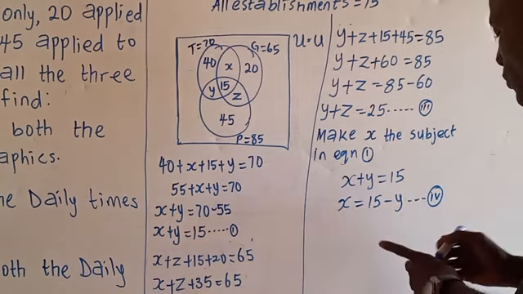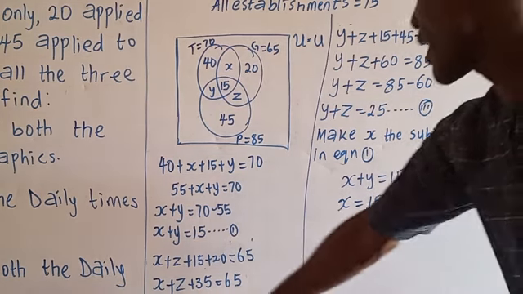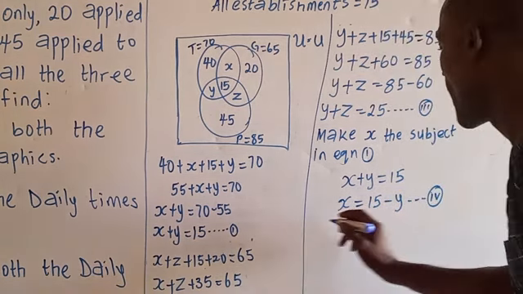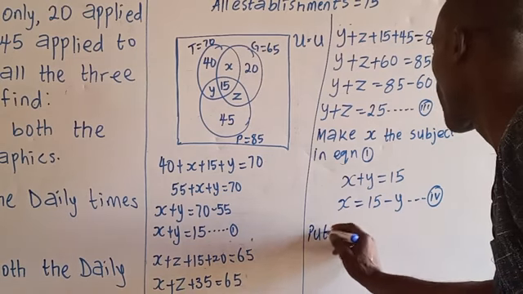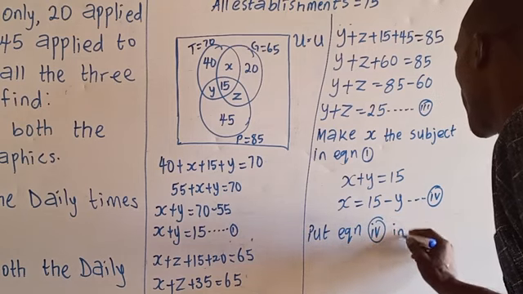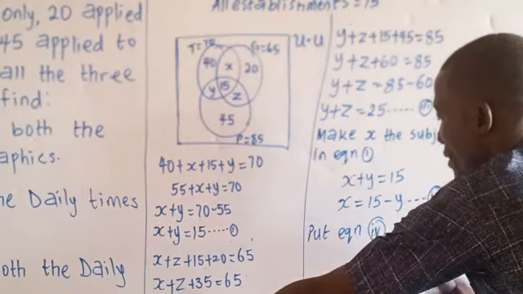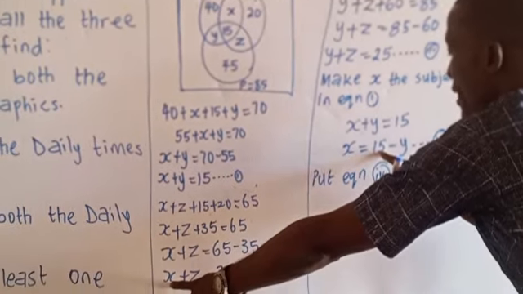So what do I do? I'm going to put the value of equation 4 in equation 2, where I have my x. Anywhere I have x, I'm to have 15 minus y.